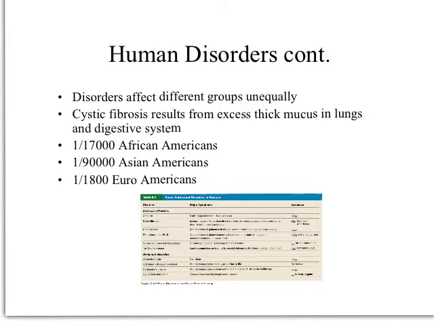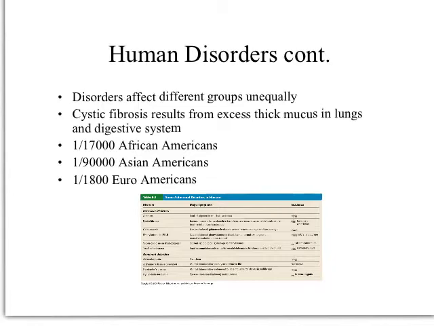So that's why we see different disorders affecting different groups unequally. It'll be interesting to see now, with more racially combined people, if these go away to the wayside. So we'll have to take a look in the next couple of generations to see how this is affected.